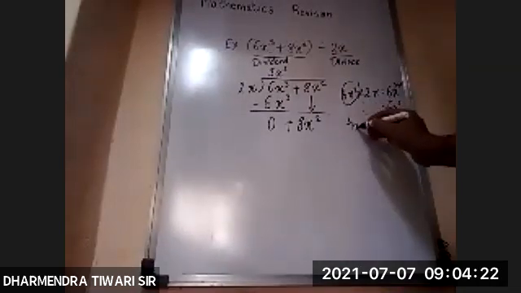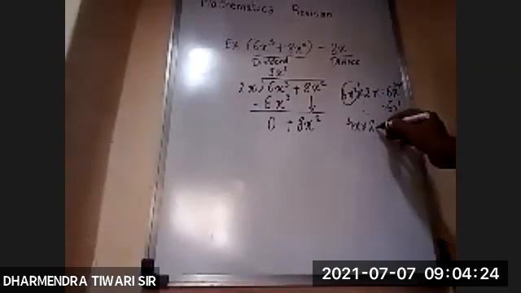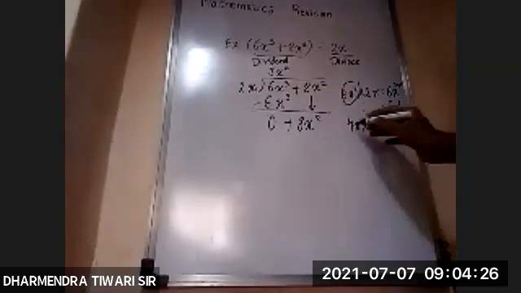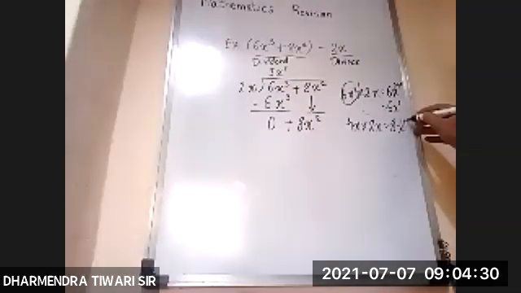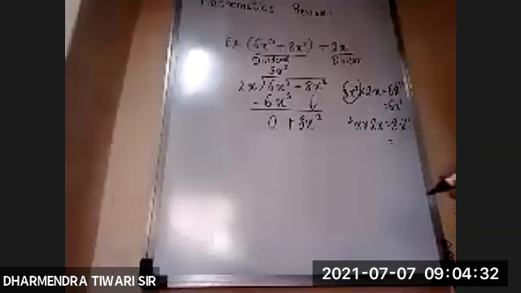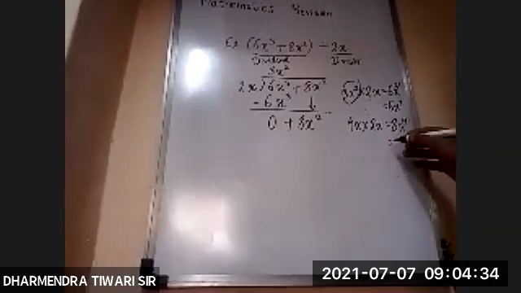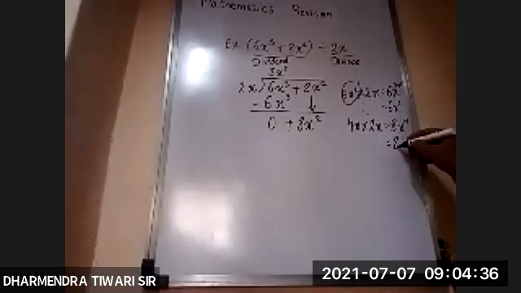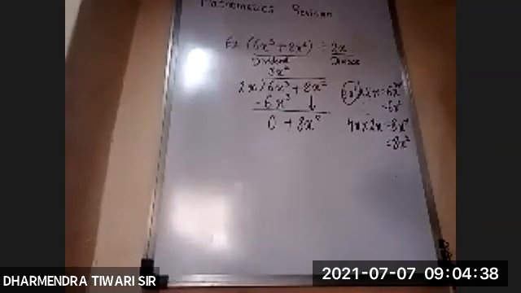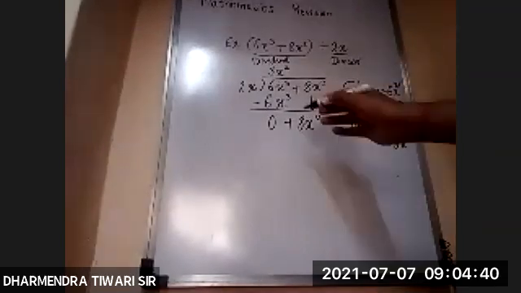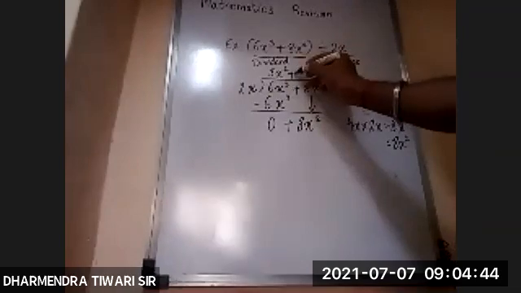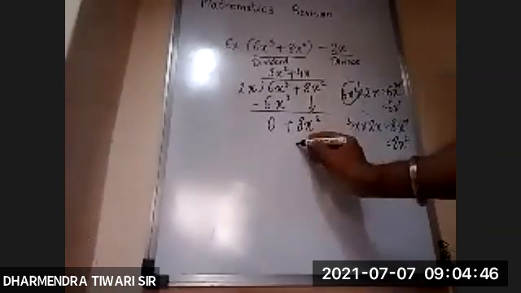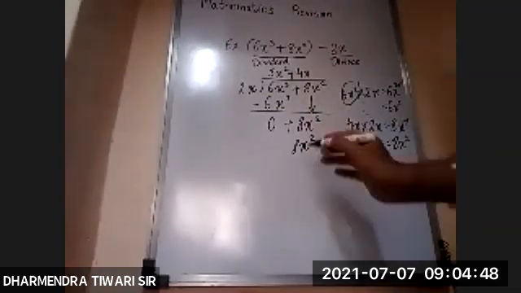When 4x is multiplied to 2x, we will be getting 4 2s are 8. X into x, base is same, after the law of indices, with addition of index 1 plus 1, so this is 8x square. So we multiplied with 4x. So plus 4x. Here 8x square.